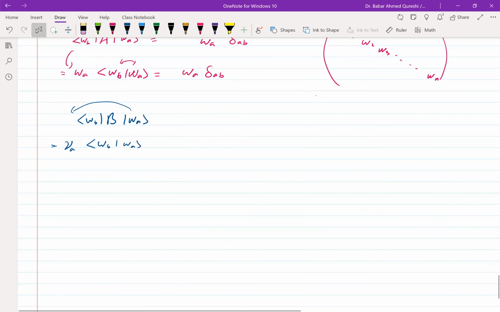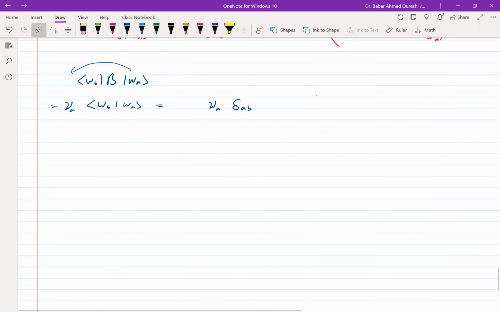Its basis will be its eigenvectors. They will be orthogonal, and B will automatically have matrix elements which are on the diagonal. Even if these eigenvalues VA are repeated, it doesn't matter. It's an orthogonal basis, and since it's an eigenbasis of B, B will automatically be diagonal in this basis.